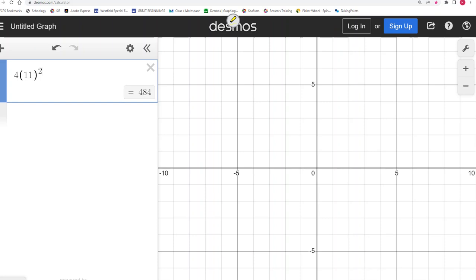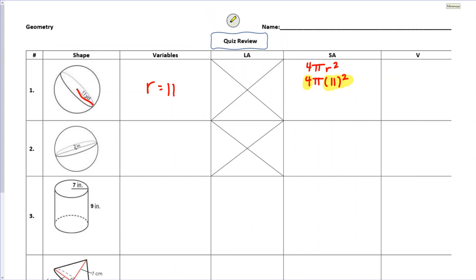Now I'm not going to go through every problem with the Desmos projected, but just remember to skip the pi when you are typing it in. All right, so our surface area for our sphere is 484 pi. We need to have pi in our answer because we had pi in our formula.